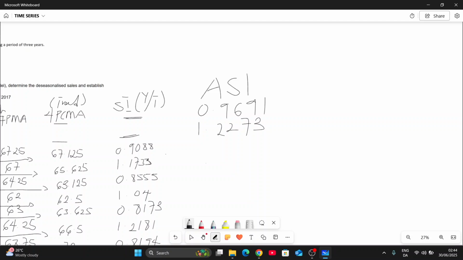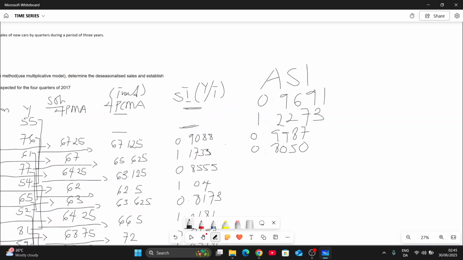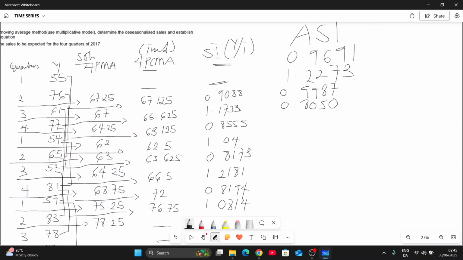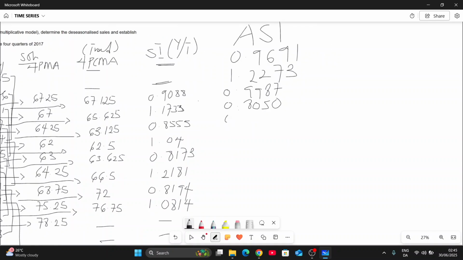And for the third, it was 0.9987. And the last one was 0.8050. When it comes to year 2015, to repeat the same thing, for the first quarter was 0.9691.